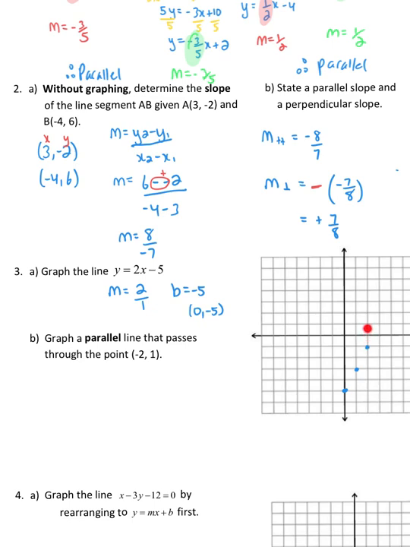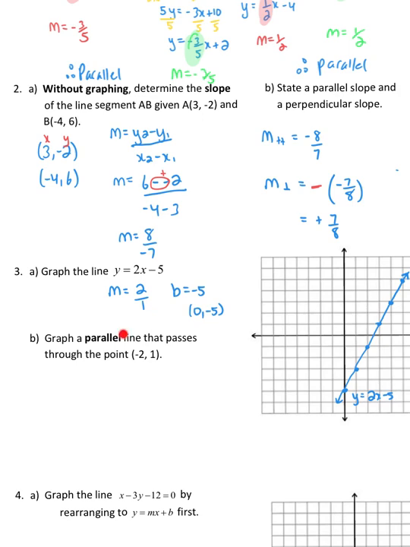And from the new point, rise 2, run 1. And I will go a couple more points. And then with your ruler, draw a line through all of your points. Extend it throughout the grid. Draw arrows at the end, and then label your equation. Y equals 2x minus 5.